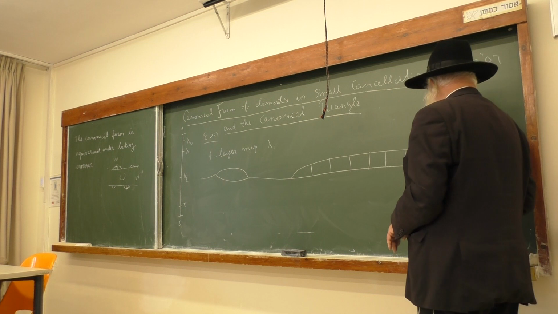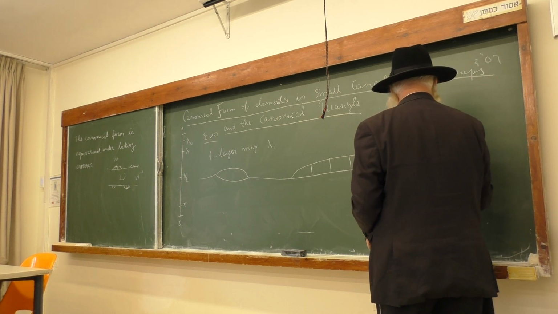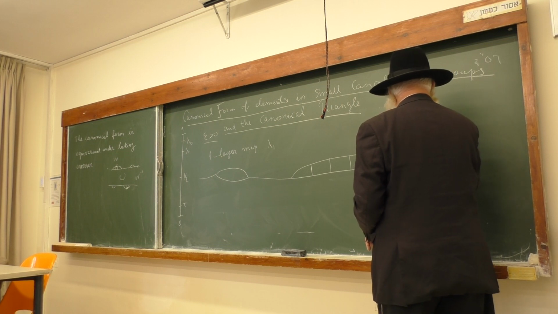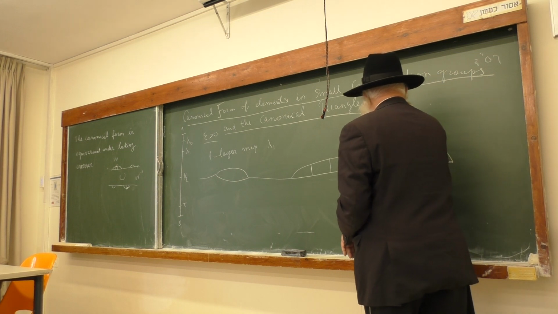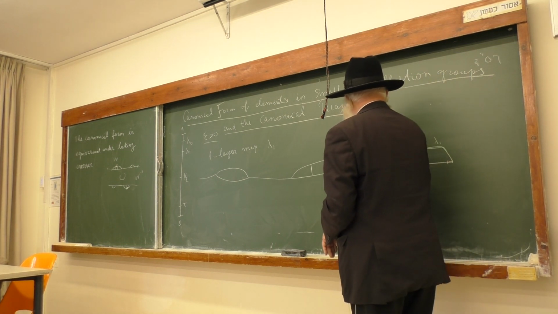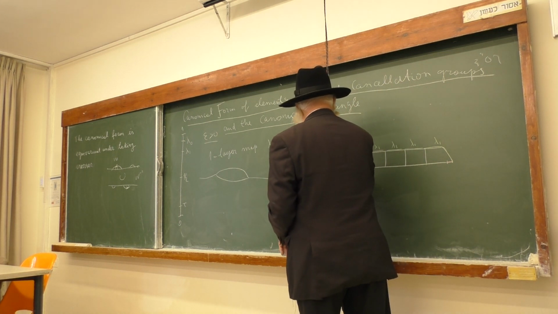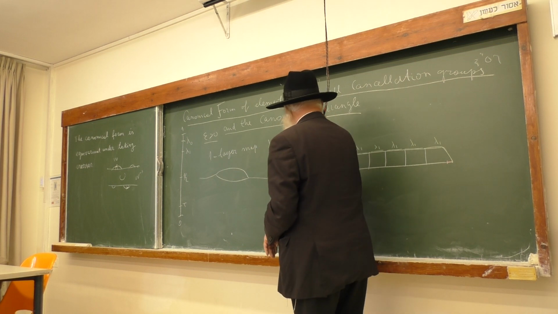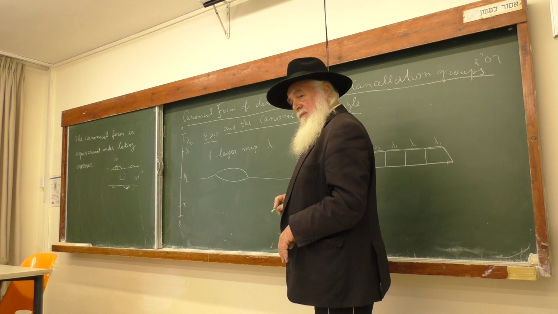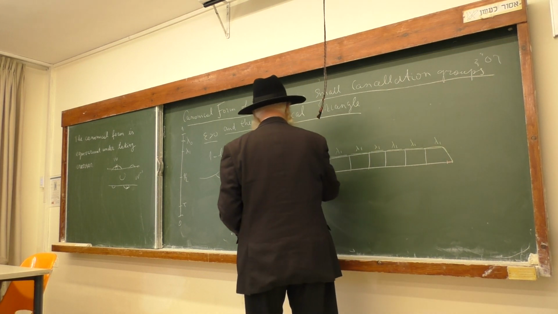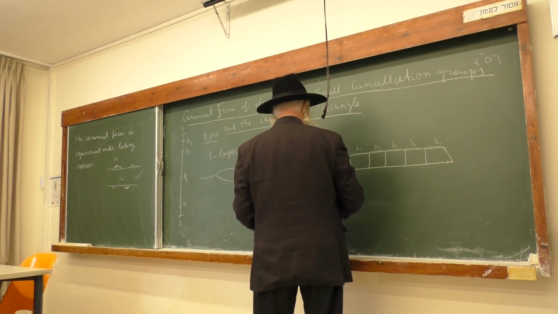Next, this measure is precisely lambda 1. This is lambda 1. Assume at this point, here is something less.